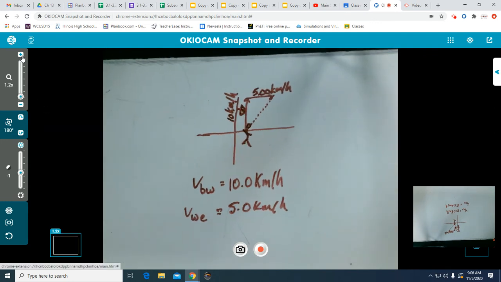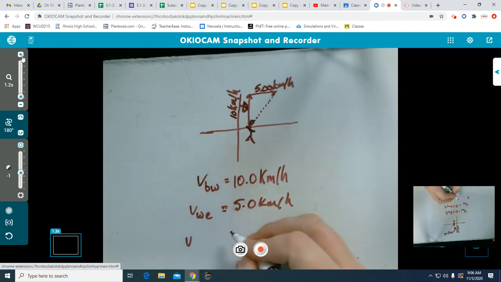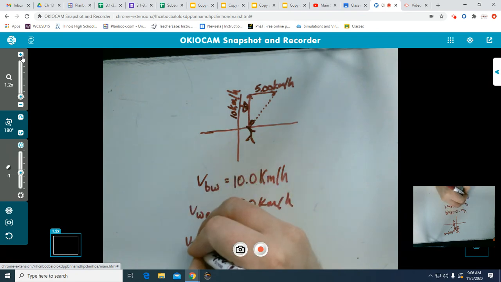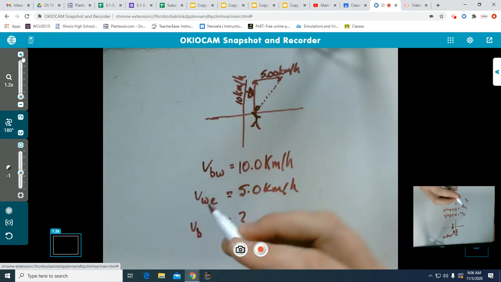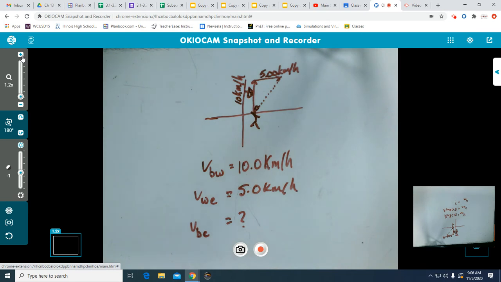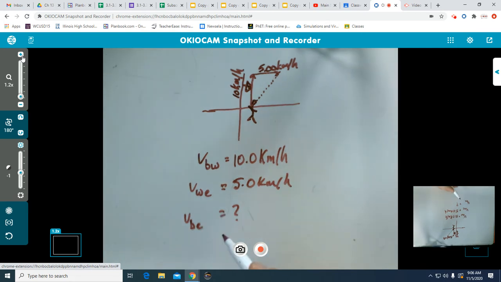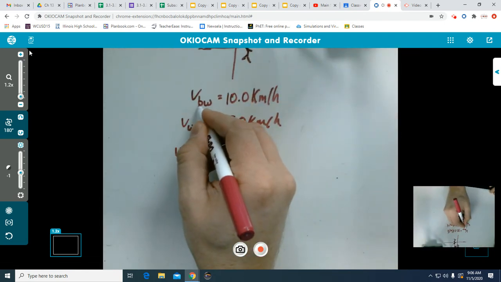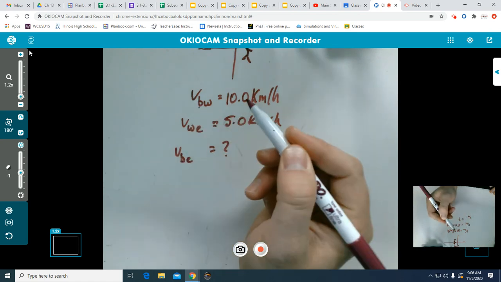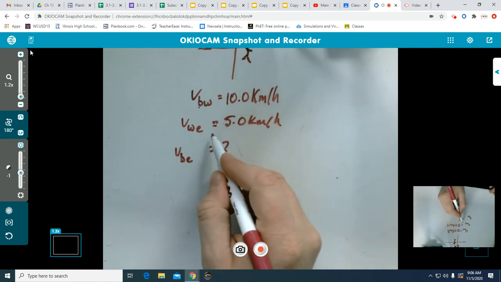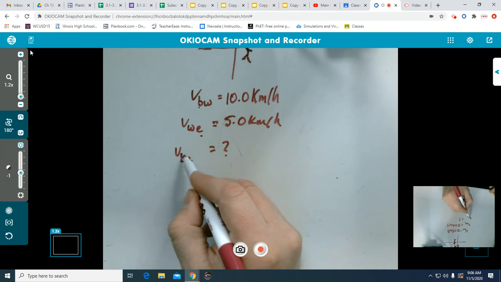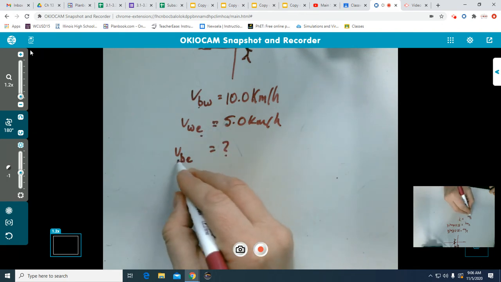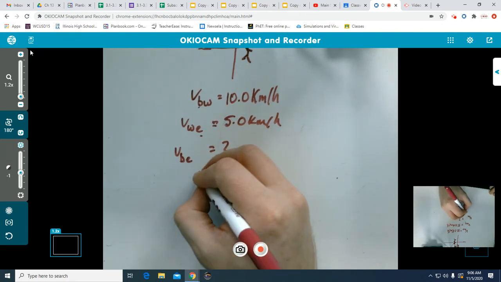Okay. So now our unknown is going to be between the boat and the earth. So if we set up this equation, the reason why it's between the boat and the earth is because, as we saw yesterday, the first one and the last one of the two knowns become the subscripts on the unknown.